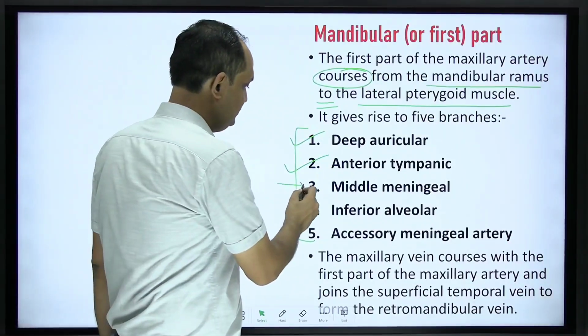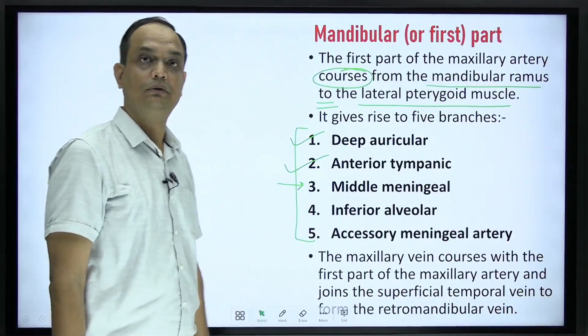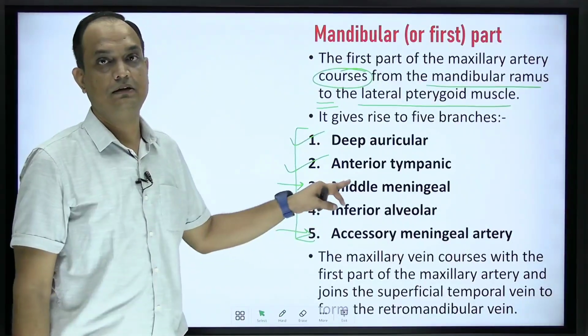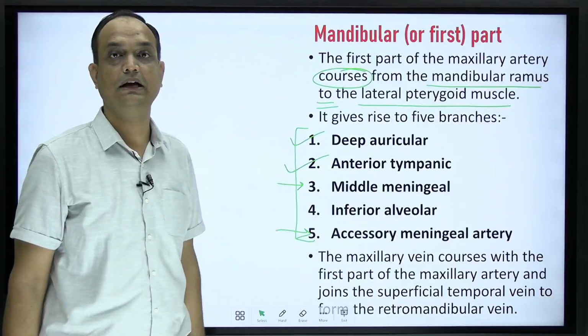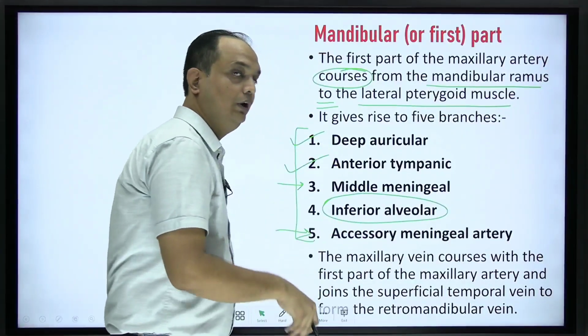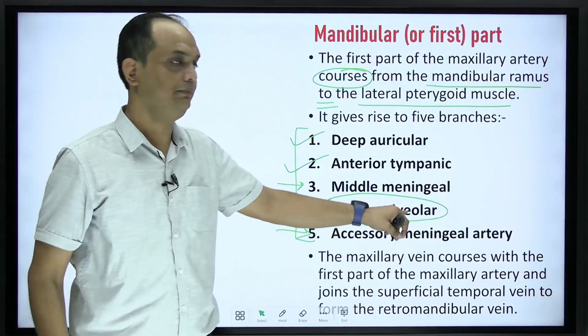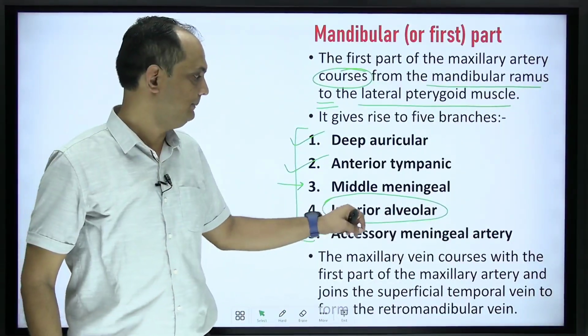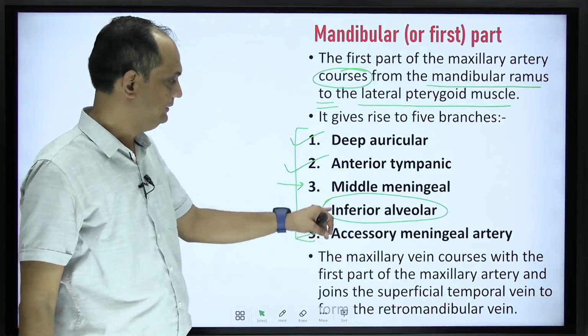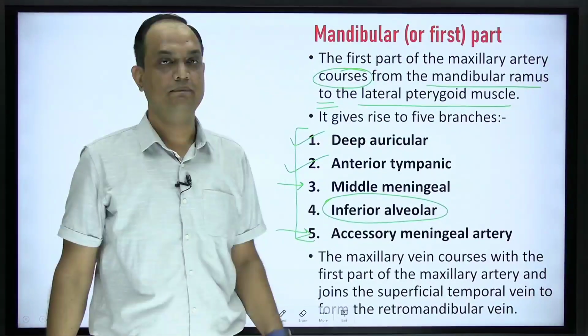Then you have the middle meningeal artery, which enters the cranial cavity, along with the accessory meningeal artery, which are the 2 arteries for the middle cranial fossa. Then you have the inferior alveolar artery: inferior means lower, alveolar means teeth line. So it supplies blood to your lower, or mandibular, teeth.